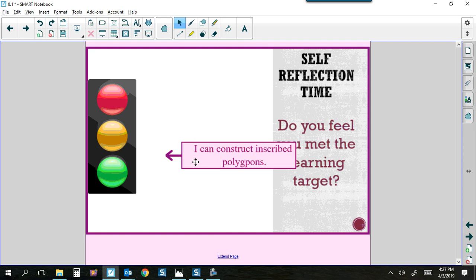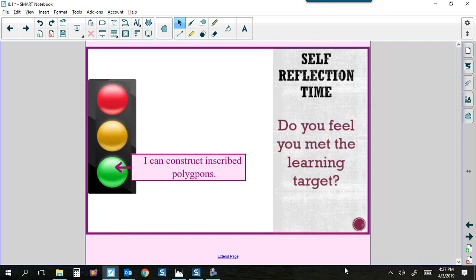So hopefully you guys feel confident with constructing an inscribed polygon, which I spelled wrong right there, so I'll go ahead and cover up the wrong letter. Your next page of notes, page 20, if you're using the guided notes with us, is to construct a regular polygon inscribed in a circle other than the one we did in our notes. So you may need to Google this on how to construct something other than an equilateral triangle, square, or a regular hexagon.